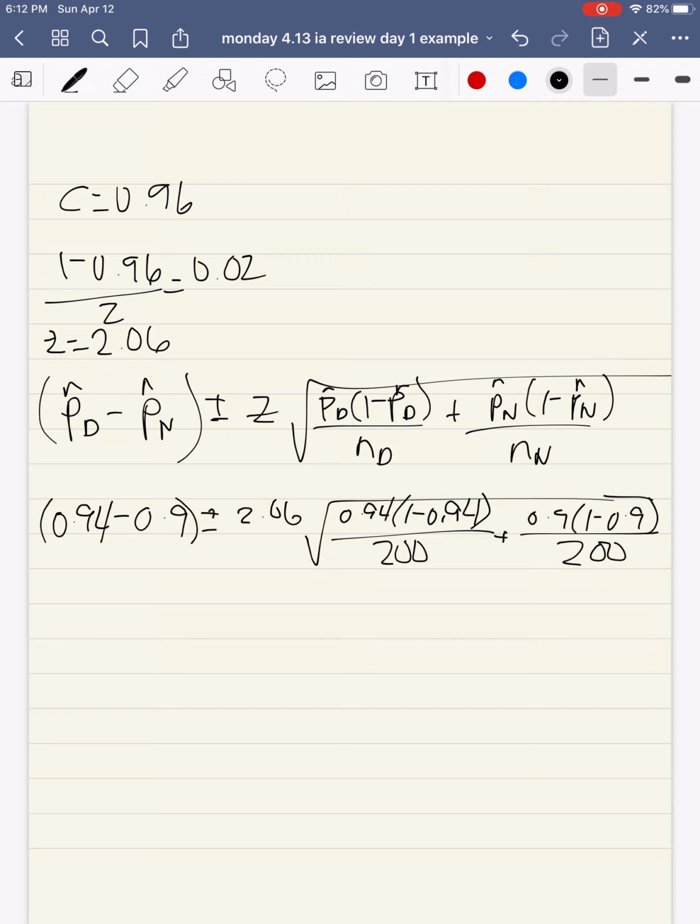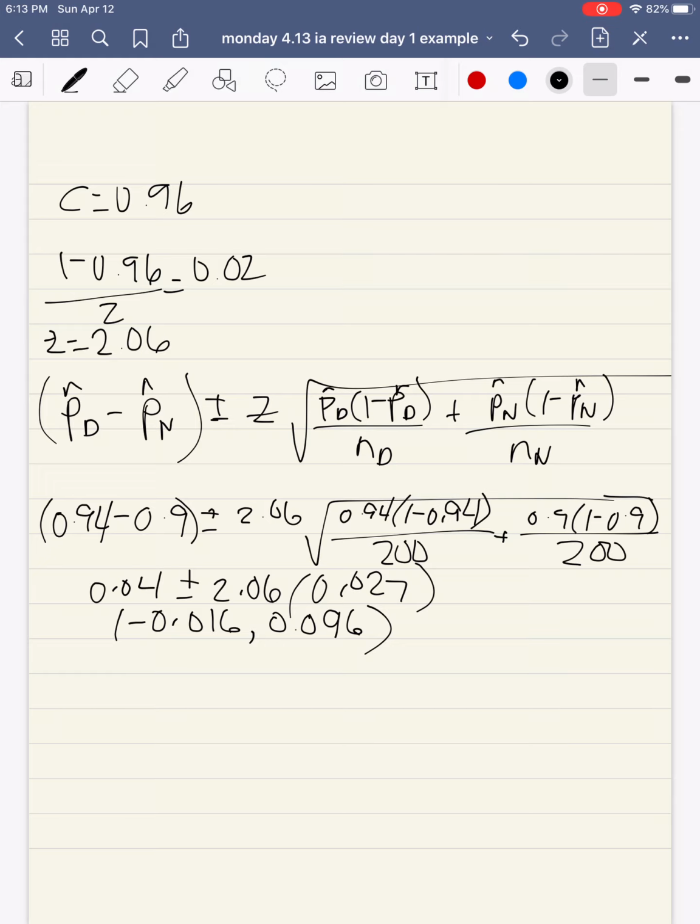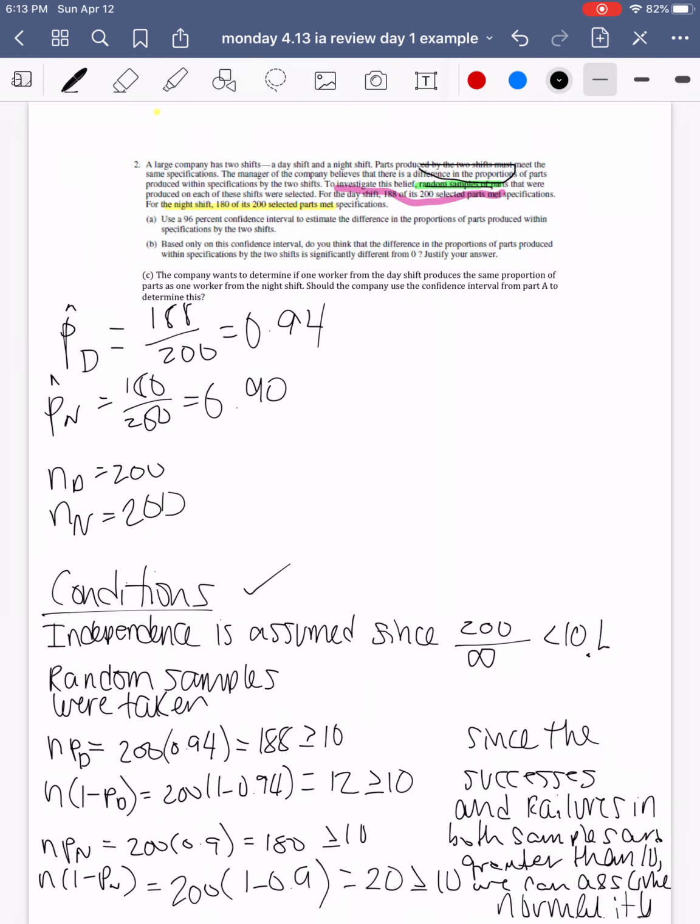If I crunch that out, I get 0.04 plus or minus 2.06 times 0.027. And then the final interval will be negative 0.016, comma, 0.096. So that is my final solution for the confidence interval.